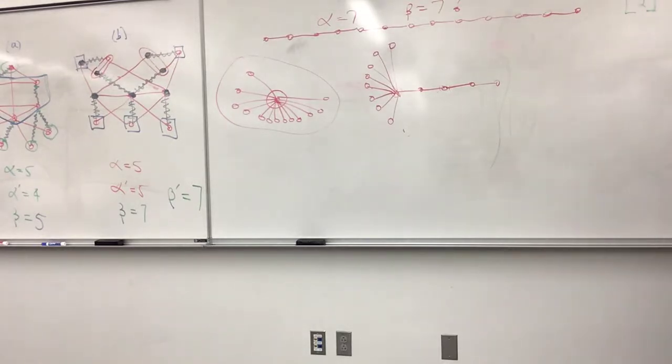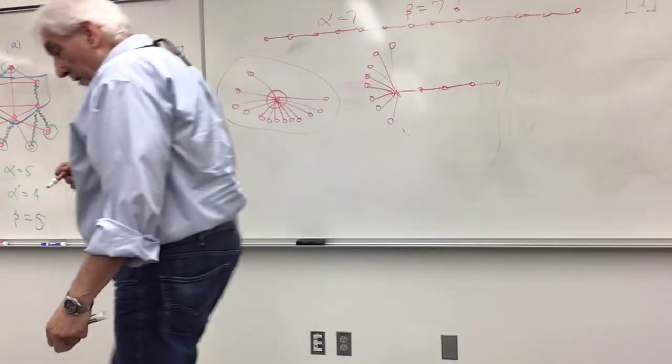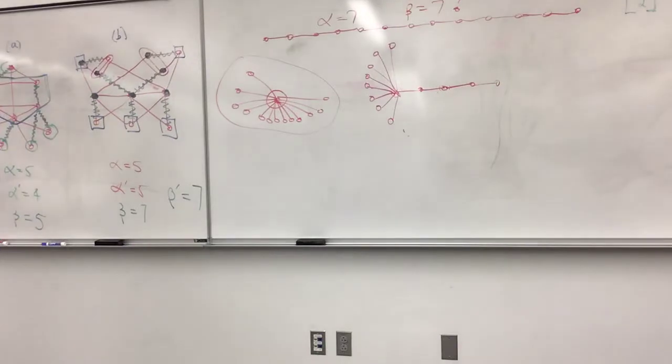So I'm looking for a set of vertices so that every edge contains one of these vertices. So what am I looking for? The vertex cover number. It's the minimum set of vertices so that every edge contains one of these vertices. We don't want too many duplications, otherwise I'll just take all the vertices.